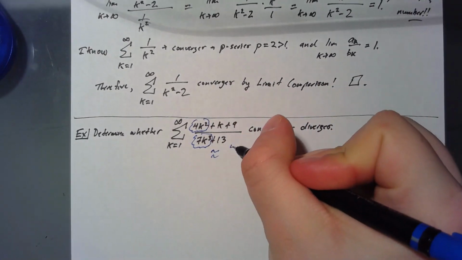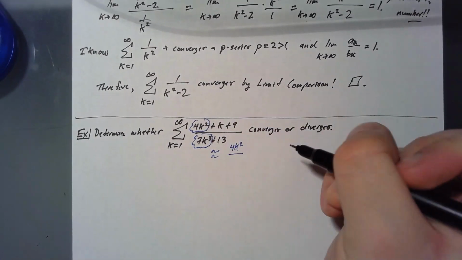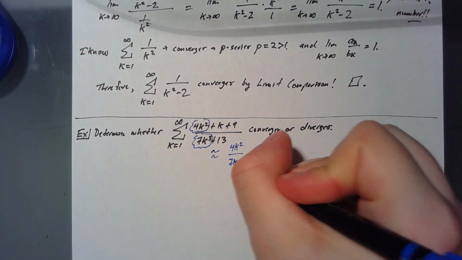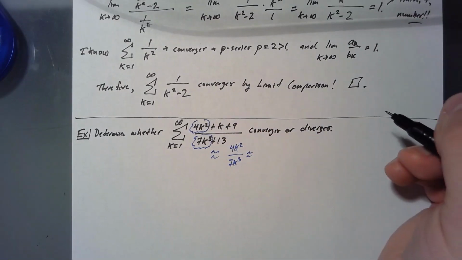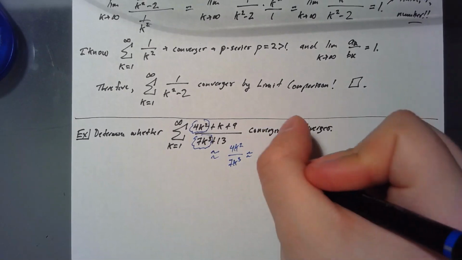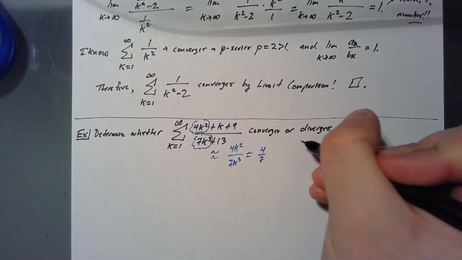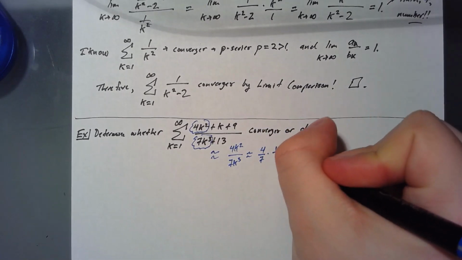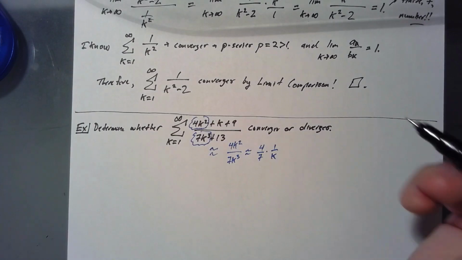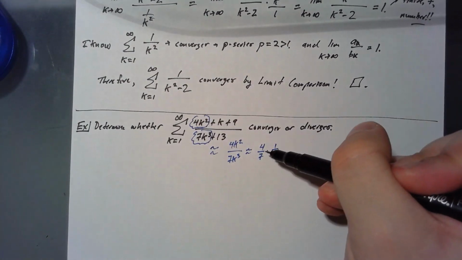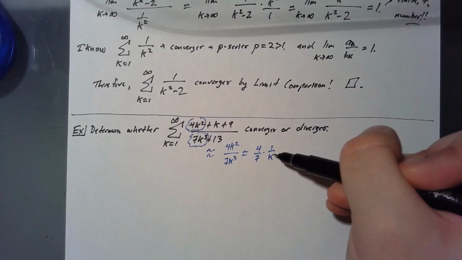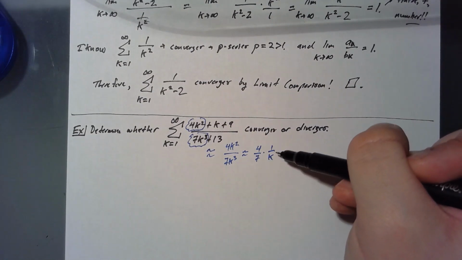That's going to be similar to 4k squared over 7k cubed. Well, what does that become? That just becomes 4 over 7 times 1 over k. Now, I don't care about the 4 sevenths. So if I just look at 1 over k, what does that tell you?